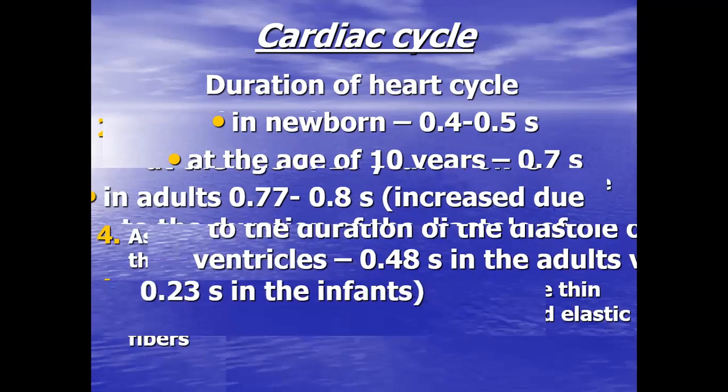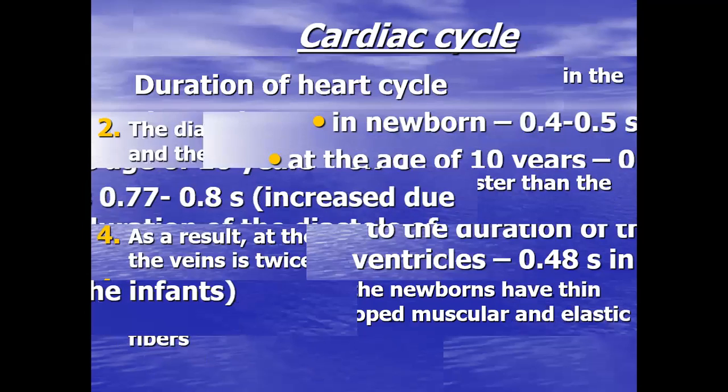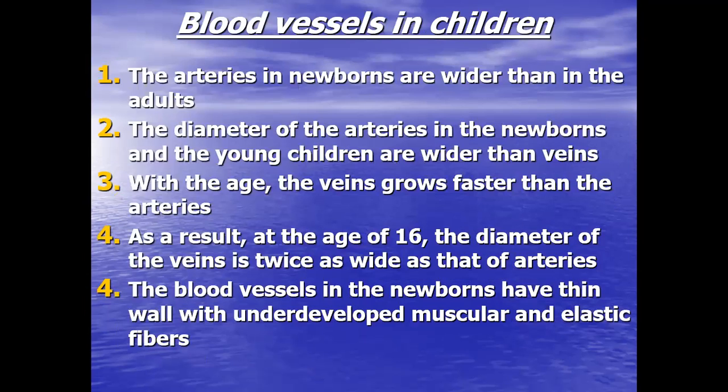And several words about peculiarities of the blood vessels in children. The arteries in newborns are wider than in adults. The diameter of the arteries in newborns and young children is wider than that of veins. And with age, the veins grow faster than arteries.